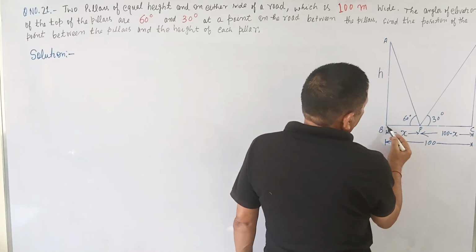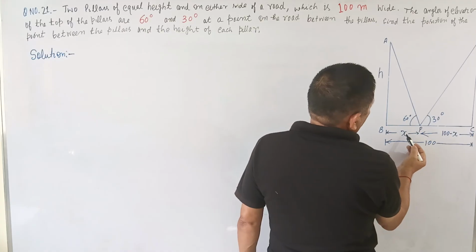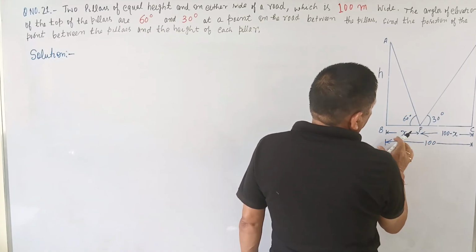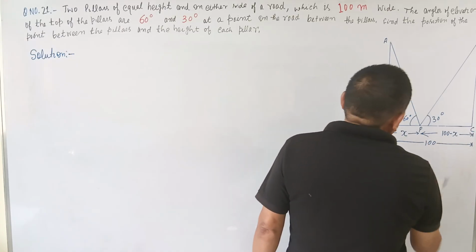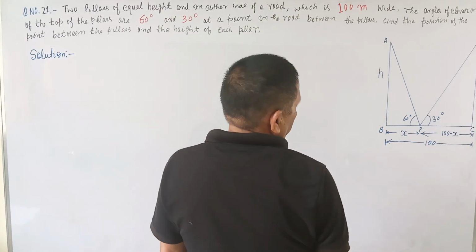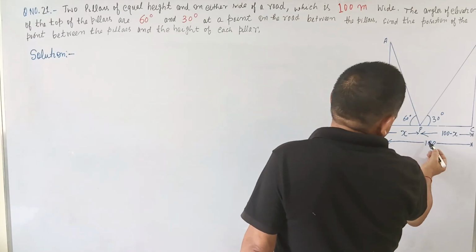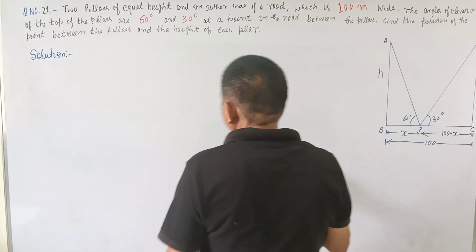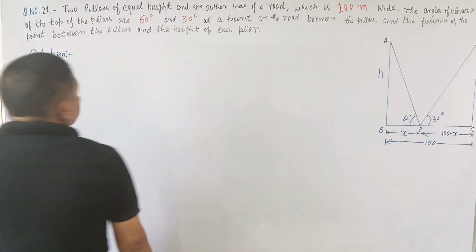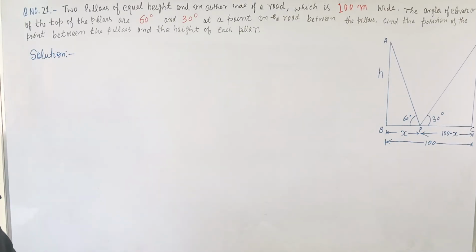Now let us say that BP is the distance X, so PC will be 100 minus X, because the total road is 100 meters wide. So with this figure, we will try to solve this question.